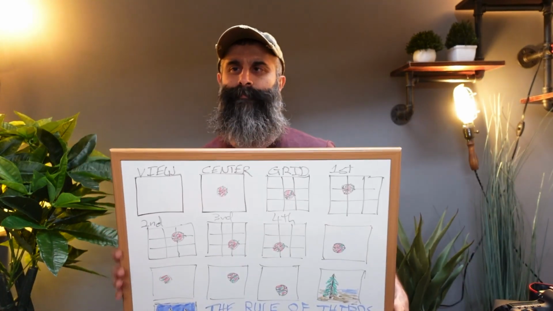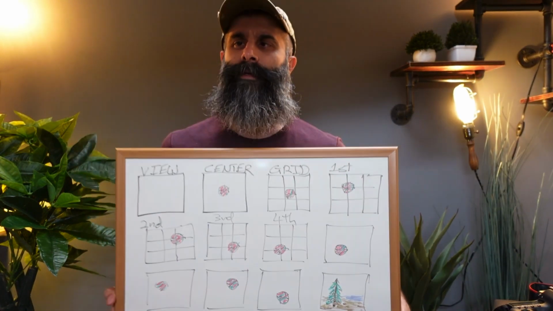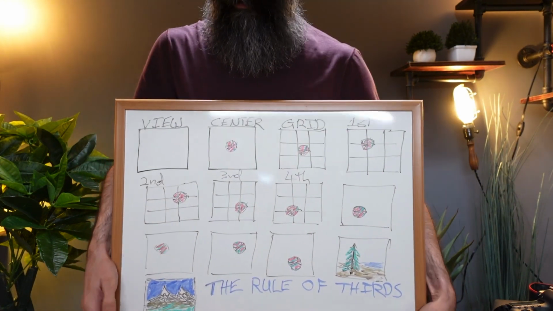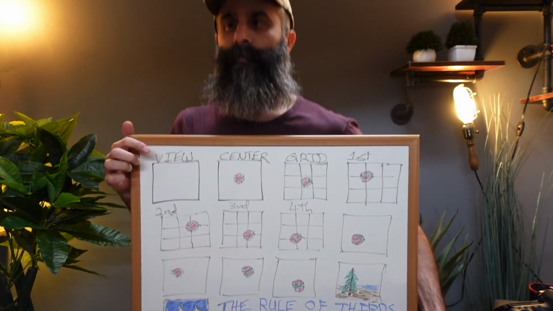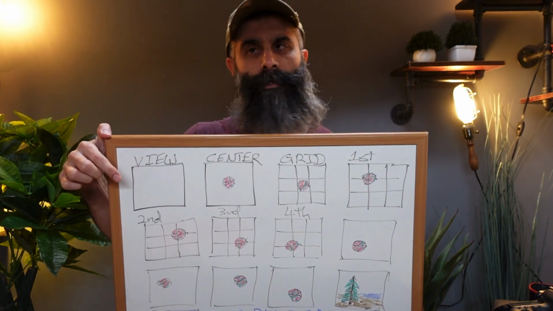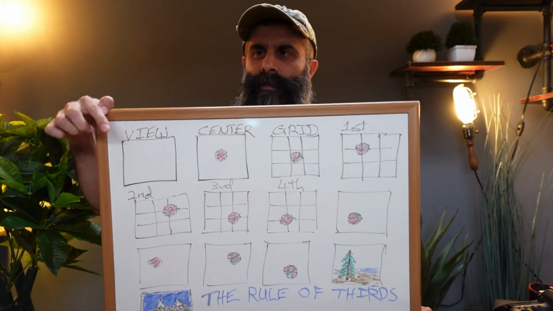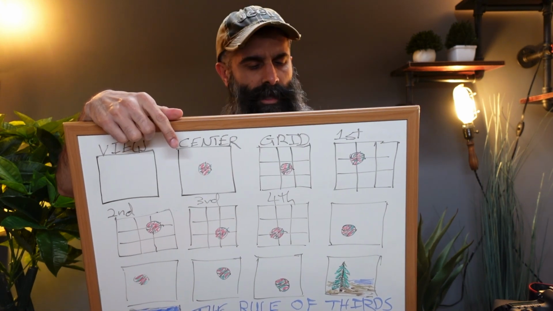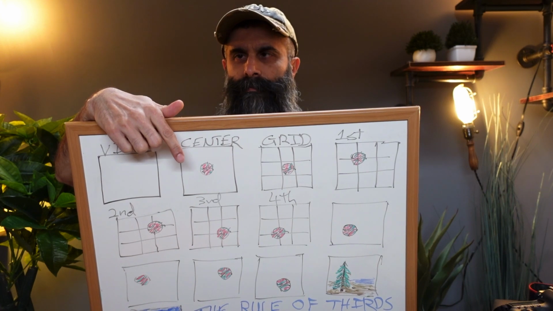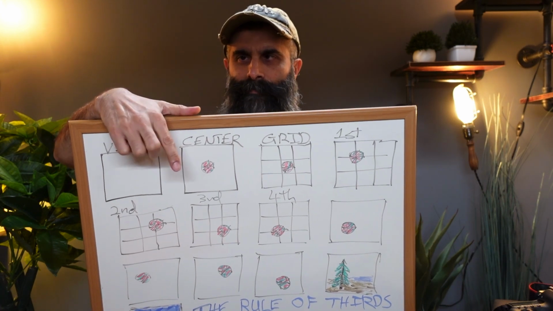So on this board, I drew up basically an empty camera view. So here's, you turn on your camera and it's empty. And you're going to take a picture of a subject. Maybe it's a ball. And you place the ball in the middle of the view frame.